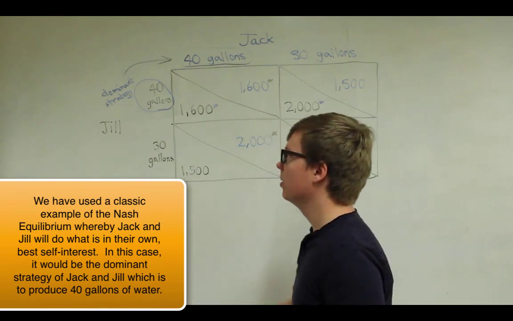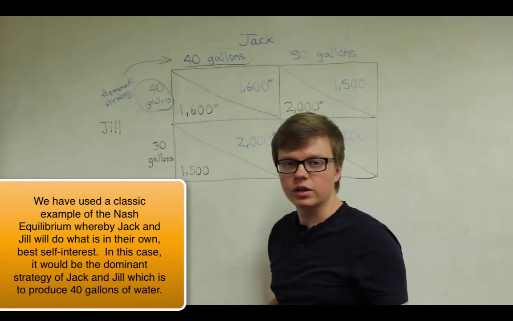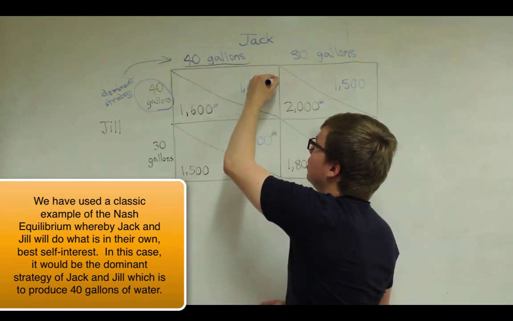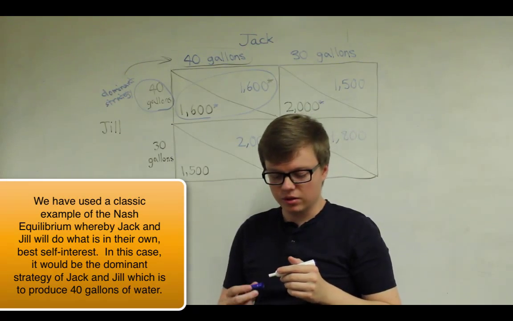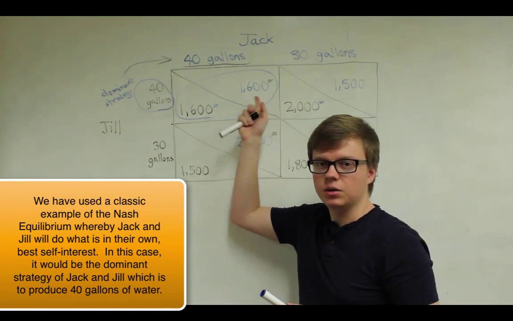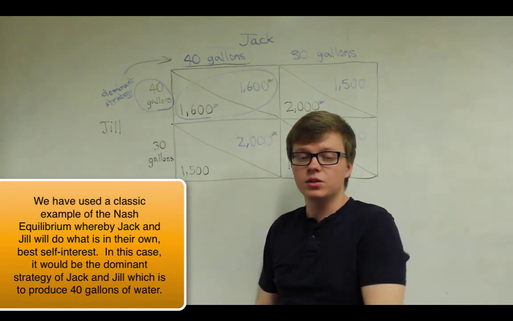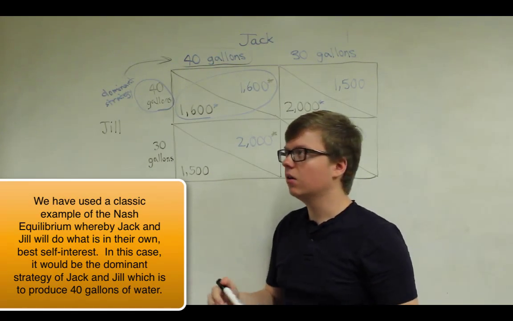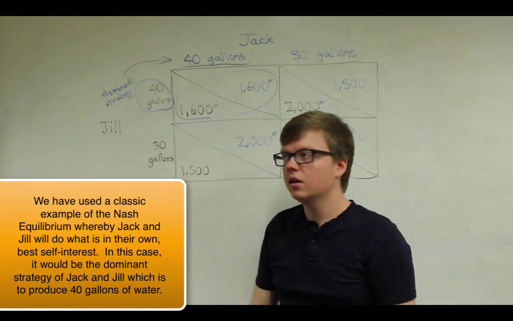So in this example, it would be Jill sells 40 gallons, Jack sells 40 gallons. And be careful with your language use here. You don't say that 1600 is the Nash equilibrium. You say those are the payoffs from the Nash equilibrium. The Nash equilibrium itself is Jill sells 40 gallons, Jack sells 40 gallons.